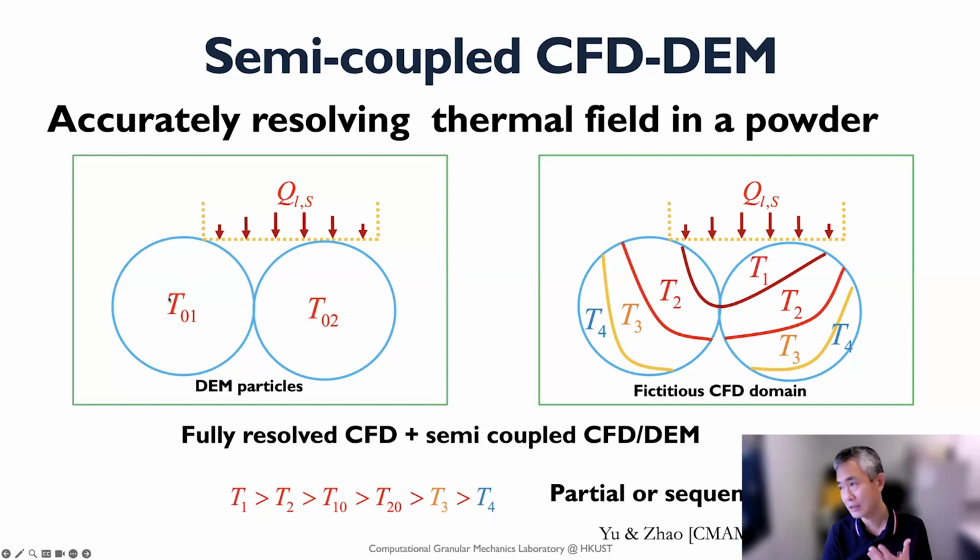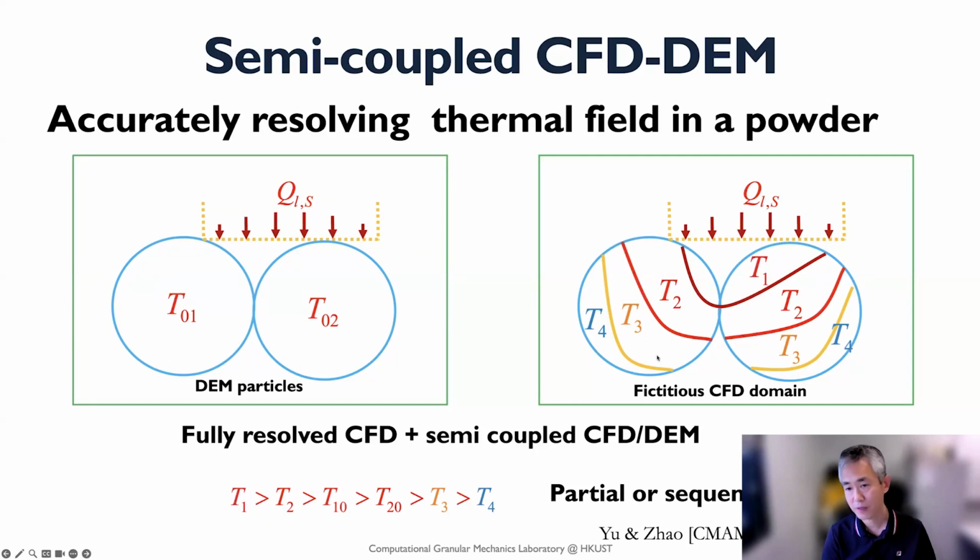You can use another technique, for example, for each individual particle you just use FEM to discretize the domain and simulate the heat field. That will be computationally too expensive to afford. So what we do is, if we find that a certain particle is subject to this illumination, we switch the same domain volume of this particle from DEM to CFD.